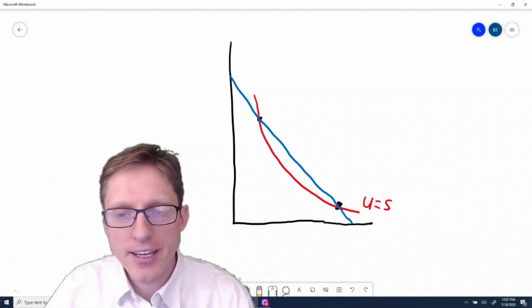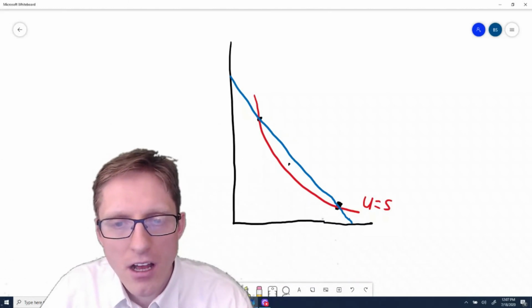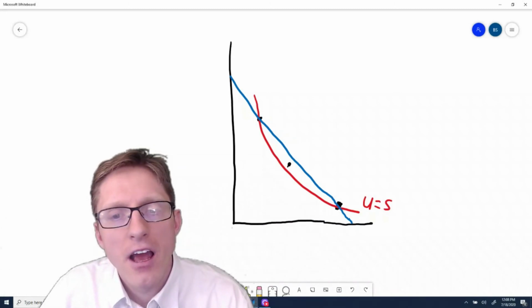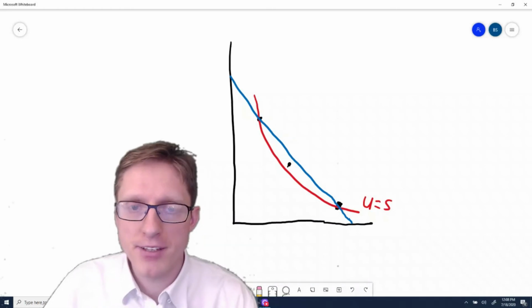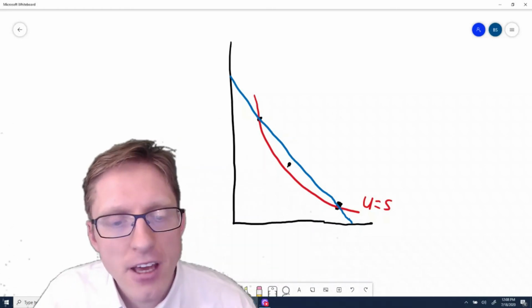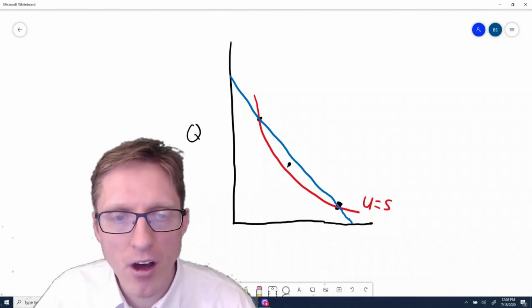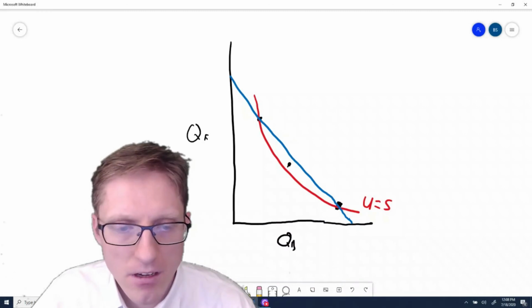And the idea here is that we can see that this point right here, I'm drawing between these two curves, it's up and to the right of the indifference curve that is depicted on this graph. Hence, it must be preferred to all points on that indifference curve that is illustrated there. Right?